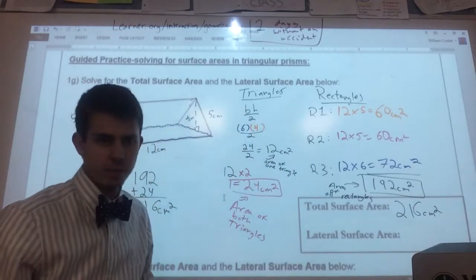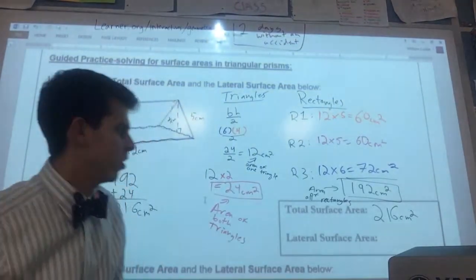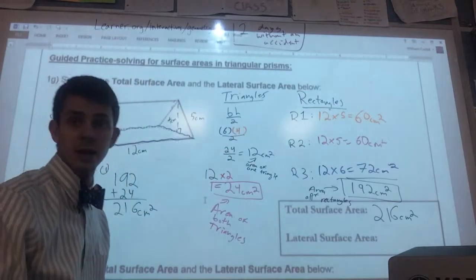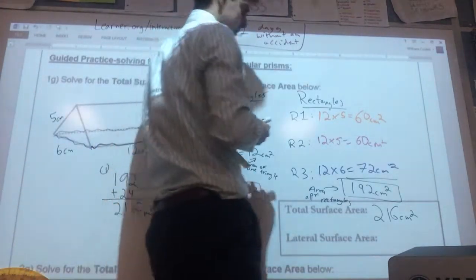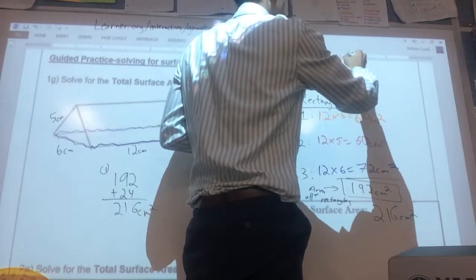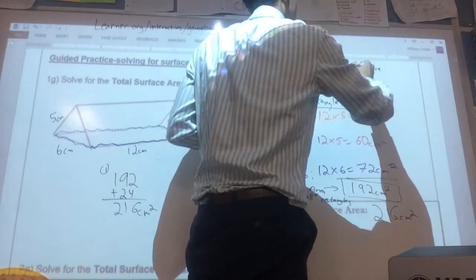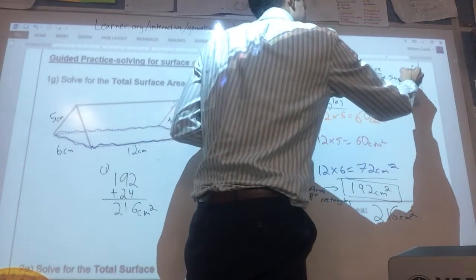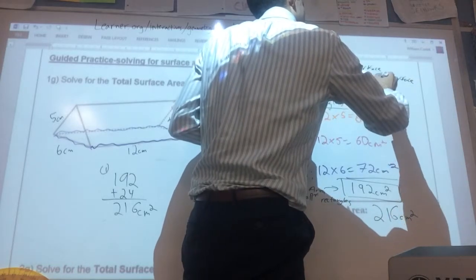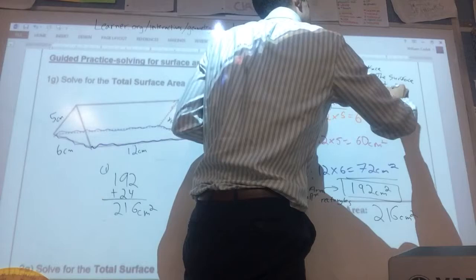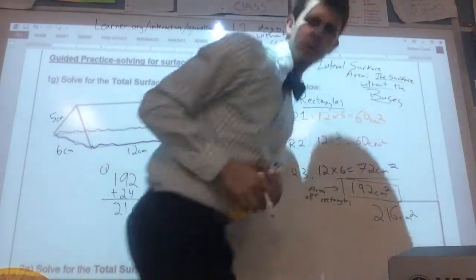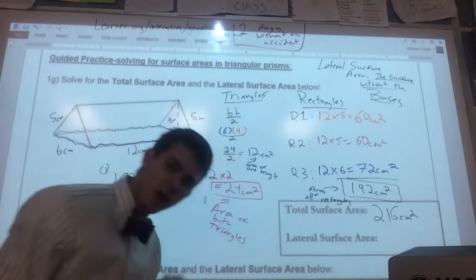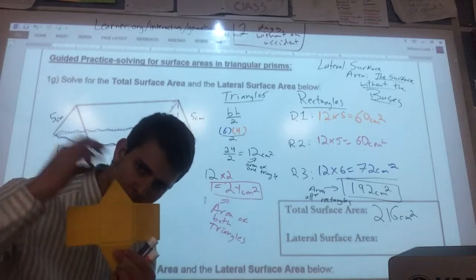Now lateral surface area, we don't have to do a thing. Lateral surface area means, I'm going to write it up here in this corner, just for a refresher. Lateral surface area is the surface area without the bases. The bases in a triangular prism, in any prism, are the 2 equal sides.